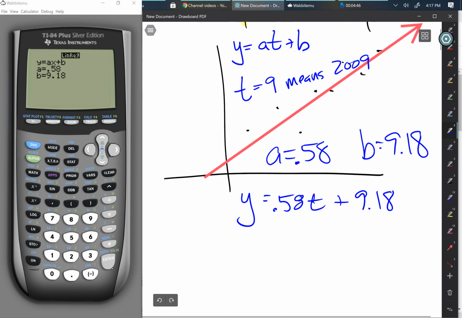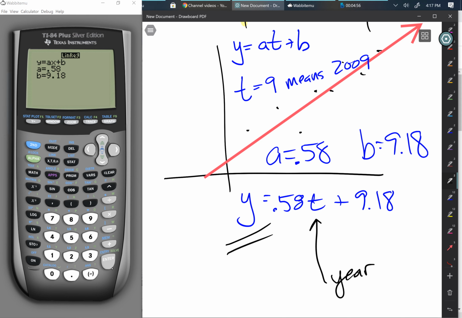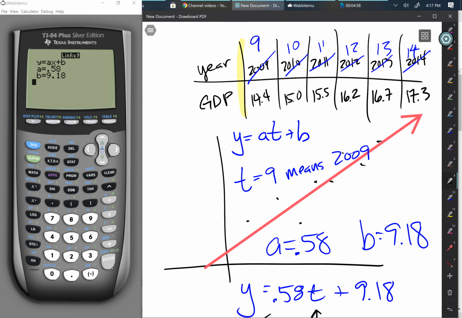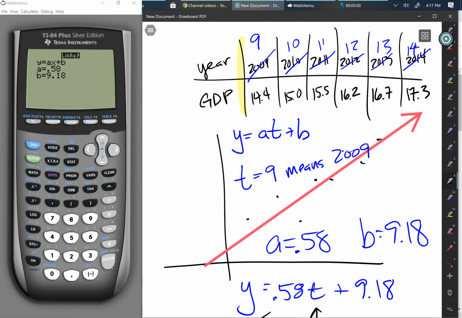So you give me a year, I'll put it in there, and then this equation will estimate the gross domestic product for that year.